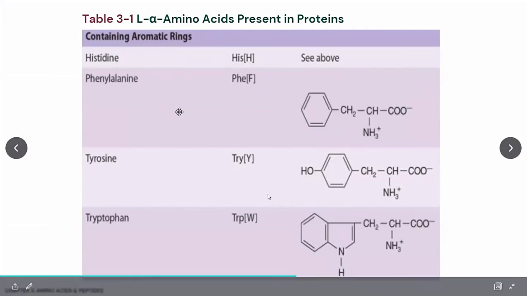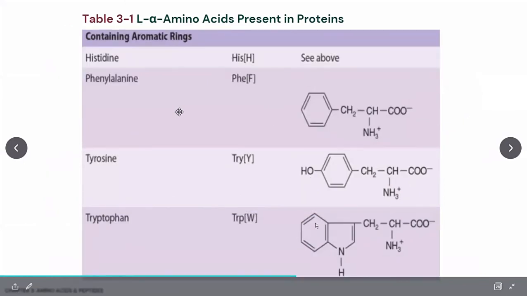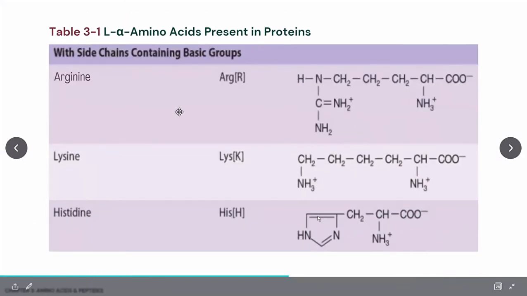Now, aromatic side chain, as you can see, this is histidine here, belongs to a basic group, but it has an aromatic side chain. This is aromatic.